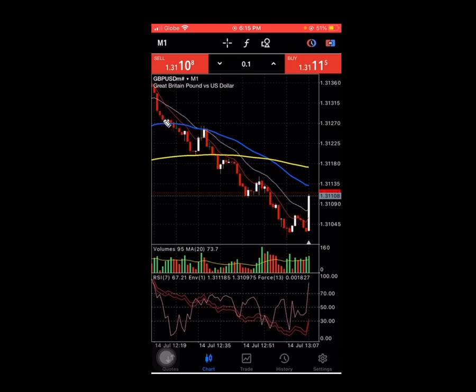So one way to solve the problem of placing premature orders is this part. As I've said, if the envelope and the force index are smashing up at the bottom, in this area, then we aim for up. And if it's smashing in this area, we aim for down.